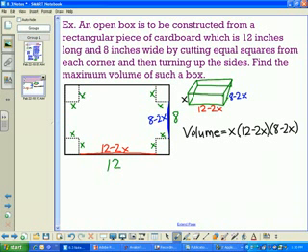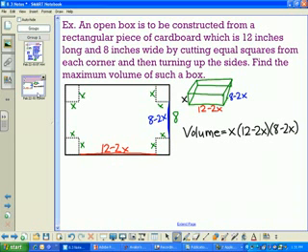So this is our volume, but I need to step back a moment here and talk about what the values of the sides can be. Our sides have to be measuring something. So this side, I'm going to erase this 12 here.